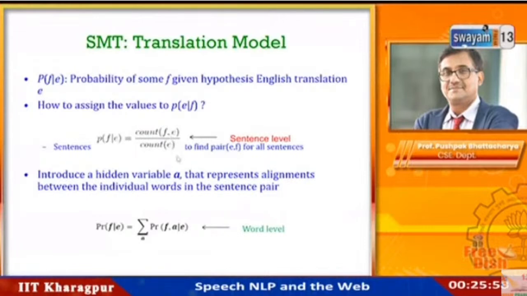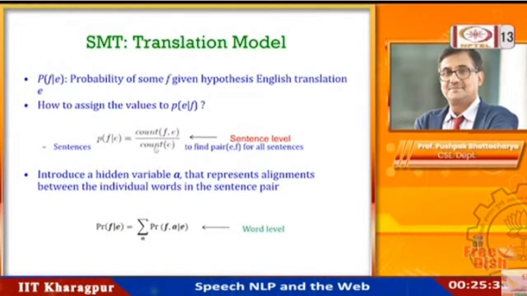Then I have to find out how many times you have this correspondence blue mention and mention blue, and divide it by the number of times blue mention appears on the English side. But this you can see is immediately a non-starter because there is no guarantee that these long sentence correspondences will be found in the training corpus. After all, you'll have to obtain the count from that training corpus.